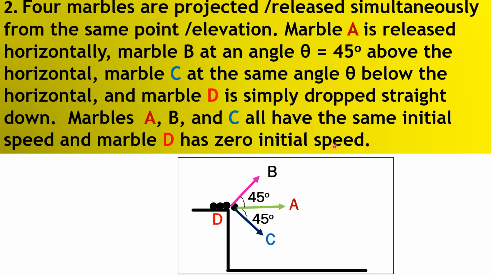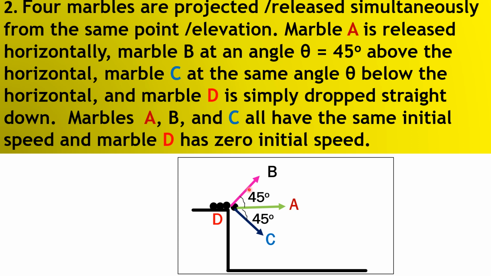It is simply dropped downwards. It is not projected horizontally. It has no horizontal component. It's like an ordinary free falling body. That is marble D.